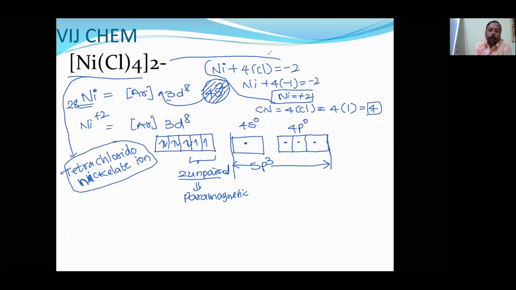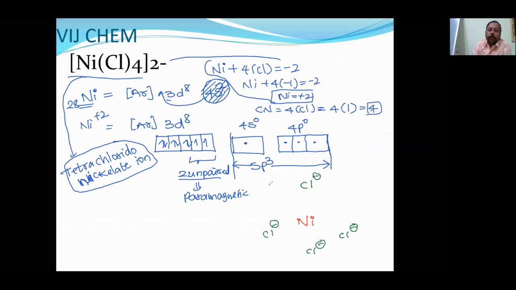Now I am drawing. As it is a digital board, there are a lot of advantages. A lot of things we cannot do on the black board or green board. So nickel will be here, and here I am using another color, like green. So Cl minus and Cl minus, Cl minus and Cl minus.